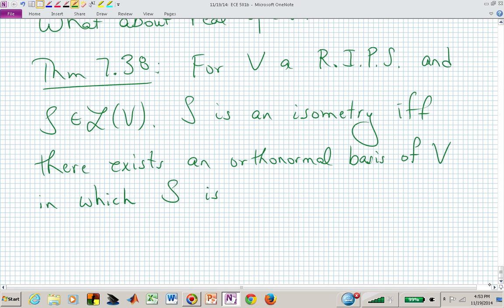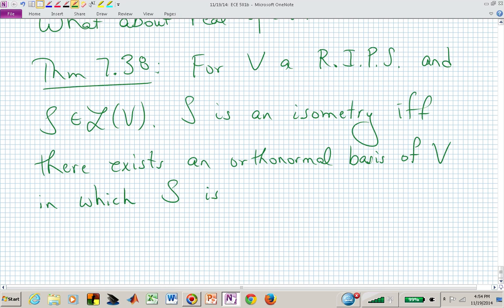now if S is normal on a real inner product space, what did we say about the structure that could result in this real inner product space? Do you remember? We were talking about block diagonal, and we said if anything is normal, it can be block diagonalized.